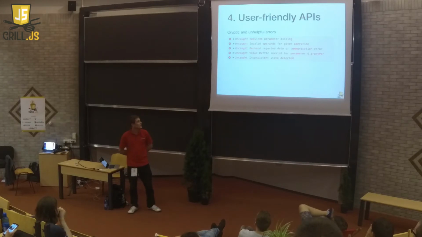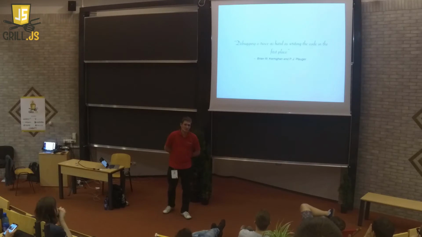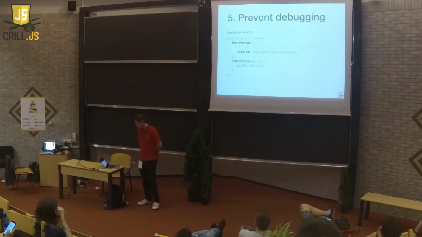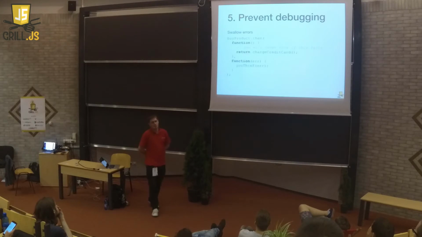While we are on the topic of bugs and errors, remember, debugging is twice as hard as writing the code in the first place. So we want to prevent debugging because it's hard. A good idea to prevent debugging is to swallow errors. Errors that you don't see didn't happen, everything is fine.